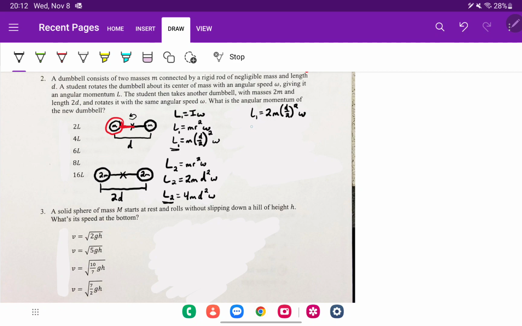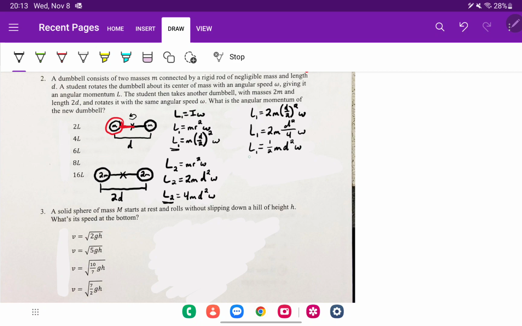And so now if we simplify that, we get L1 equals 2m. Distribute that exponent. So I'm going to get a d squared over 4 omega. So if I divide 2 by 4, we're left with 1/2 md squared omega.